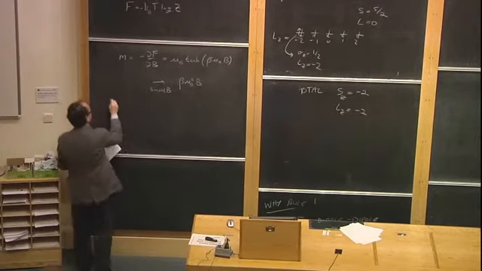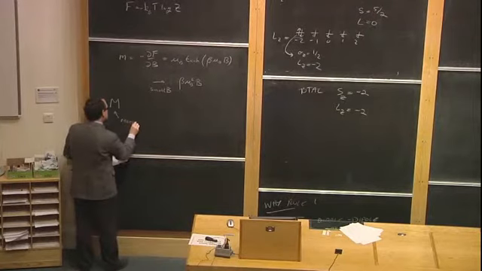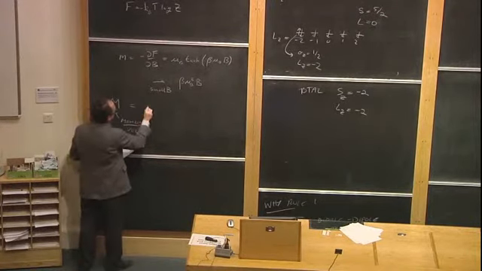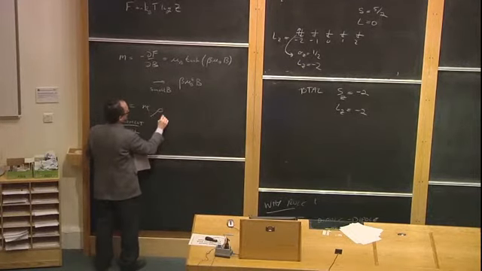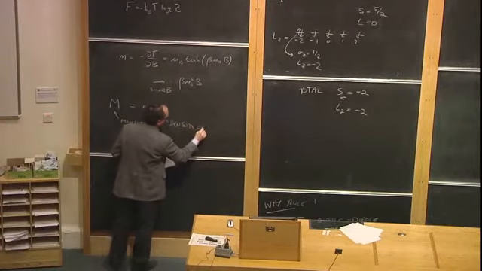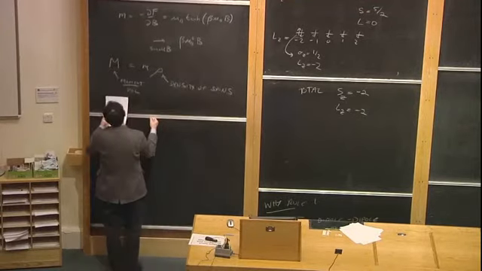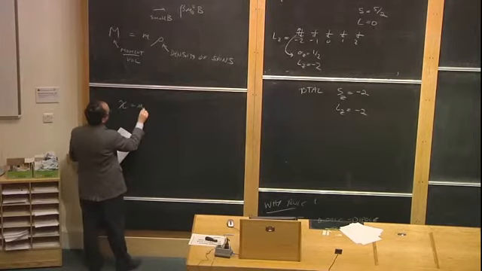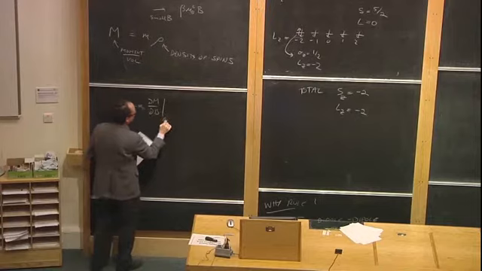Then the magnetization, capital M, which is moment per volume, is the moment per spin, small m, times rho, the density of spins. And then we can get the susceptibility, chi, which is, by definition, mu naught dM/dB, taken at B equals 0.